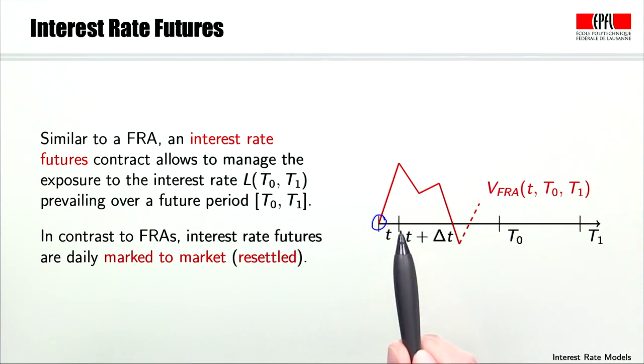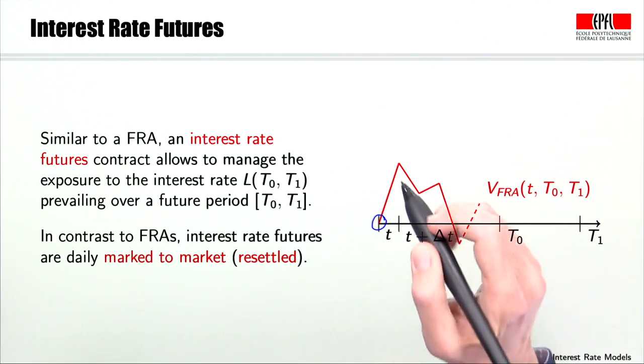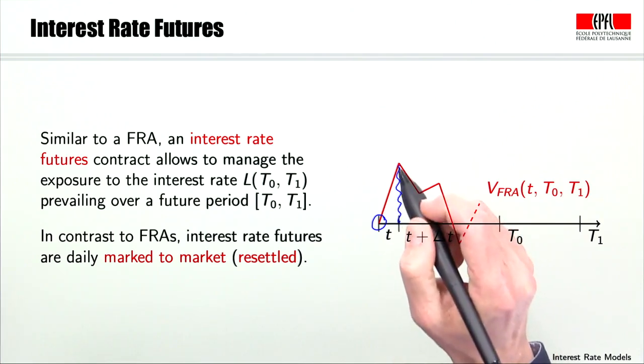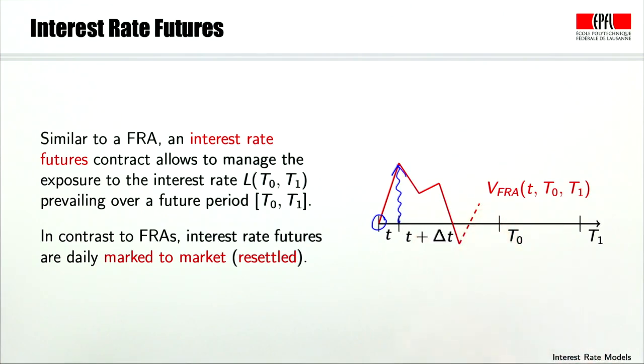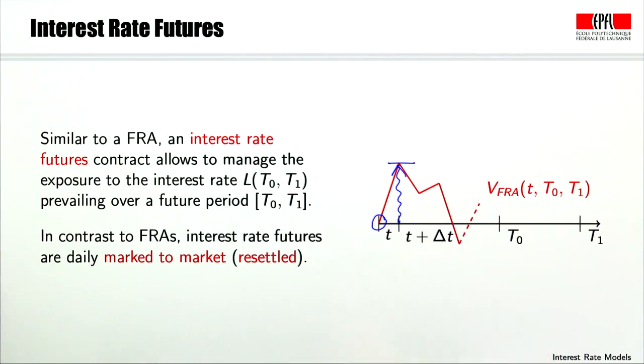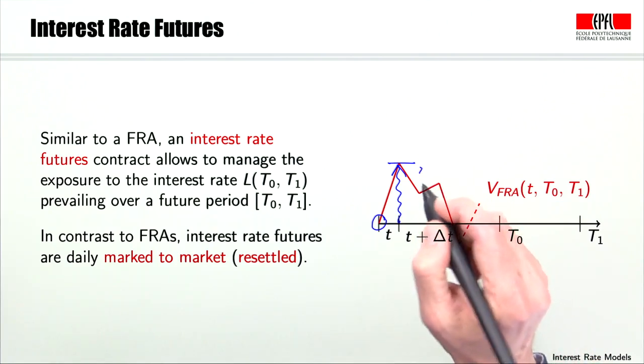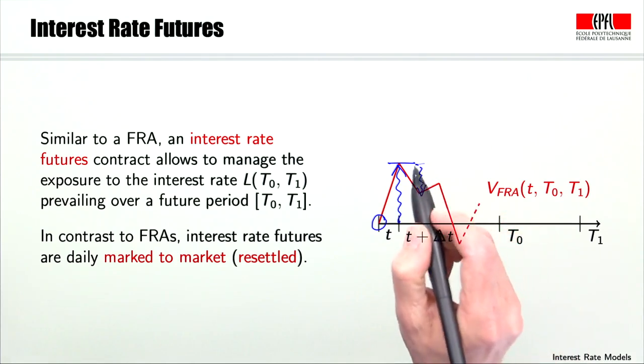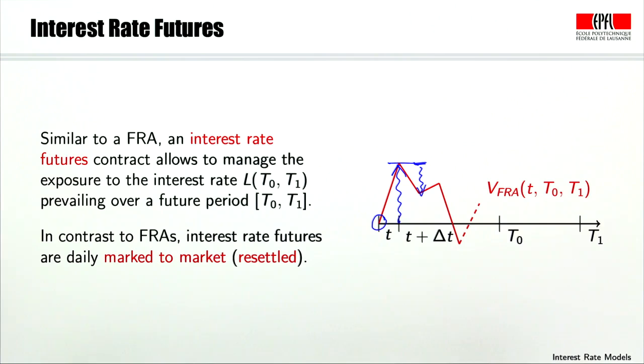In this example, it would mean on the day after today, you would settle this increase of value by receiving a cash flow from your counterparty, making the exposure to your counterparty again 0, while the next day you may have to return a part of that to your counterparty, and so on and so forth.